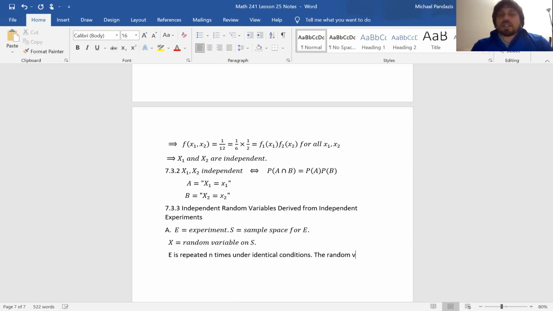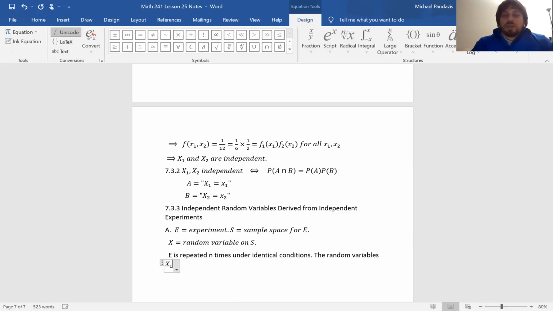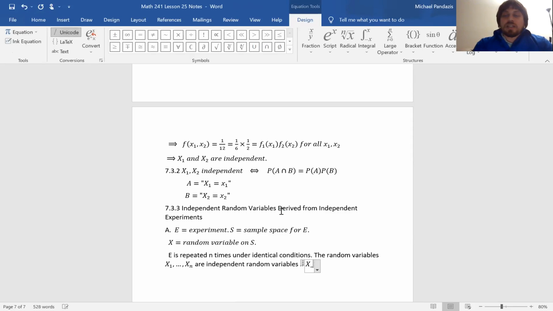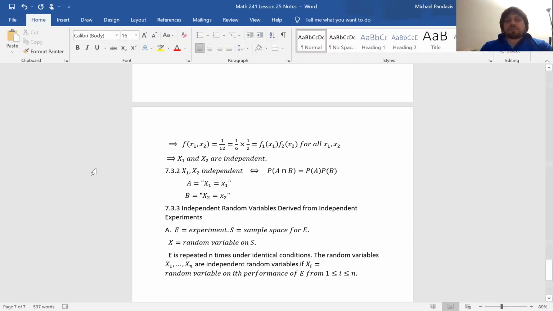The random variables X1 to Xn are independent random variables if Xi is the random variable on the ith performance of E, for 1 less than or equal to i less than or equal to n.